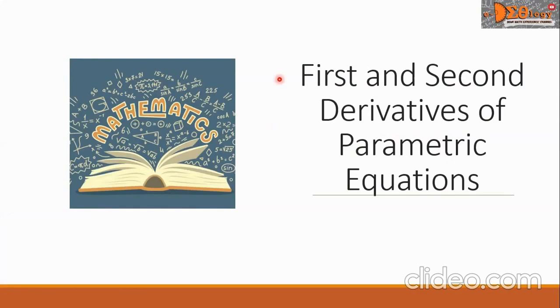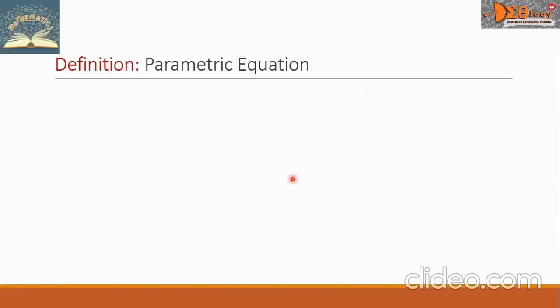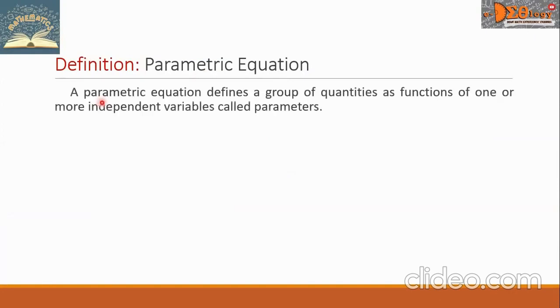We're going to study first and second derivatives of parametric equations. Let us first define parametric equation. A parametric equation defines a group of quantities as functions of one or more independent variables called parameters.